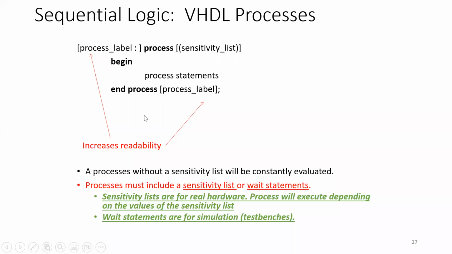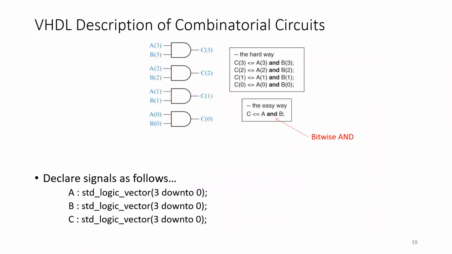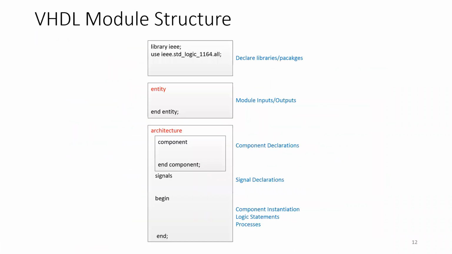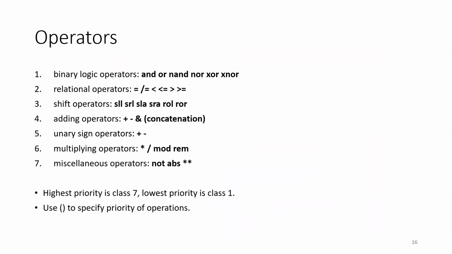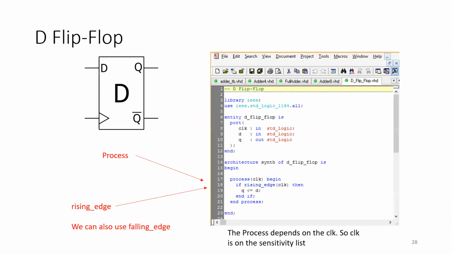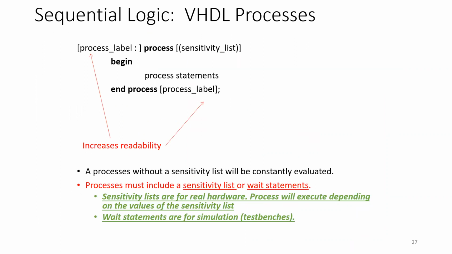Sometimes we use what is called a process. A process can be in here within my architecture. And let's see what it is. A process is something that will happen due to a change in the status of something.